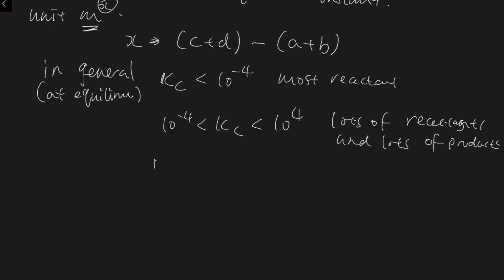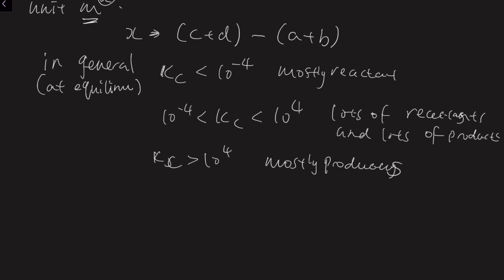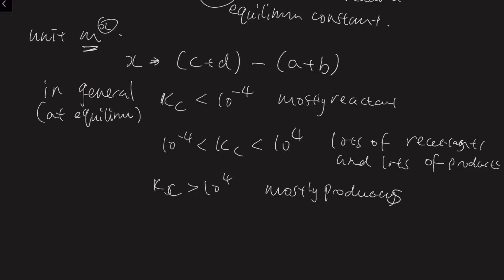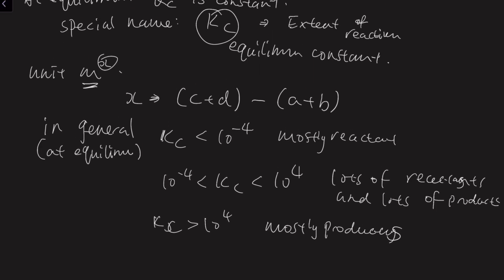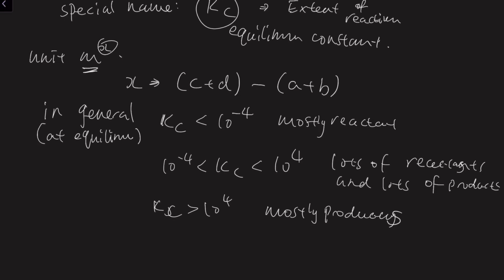If Kc is bigger than 10 to the power of 4, we have mostly products. So this is very useful in the exam. Whenever they give you an equilibrium constant, you can immediately tell the extent of chemical reaction, whether we would expect to see more reactant or more products in this chemical reaction at equilibrium.